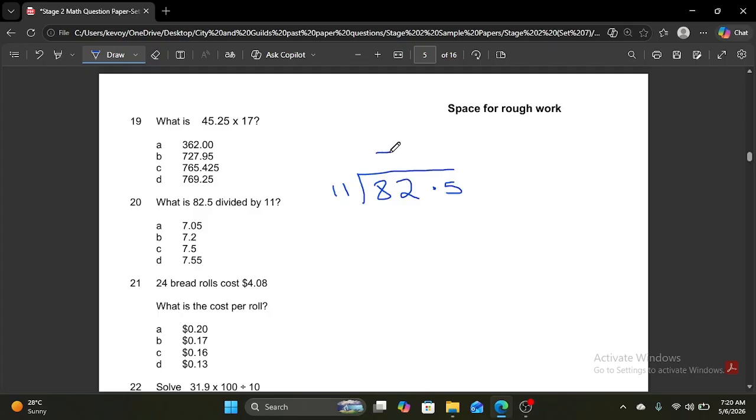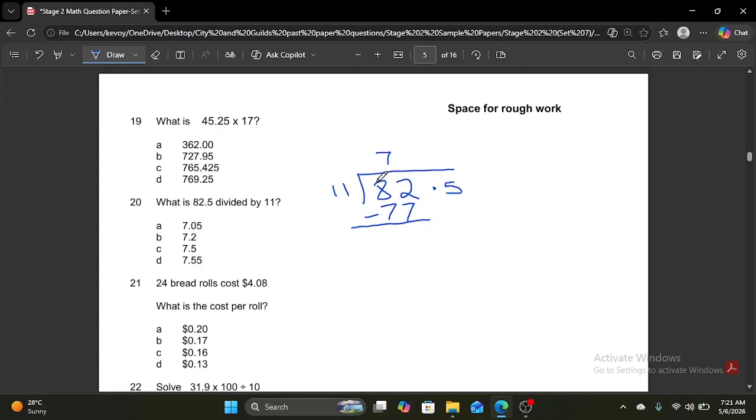That's 7 times. After you divide, you multiply. You multiply what you have at the top with what you divided by. So 7 times 11, that's 77. After you multiply, you subtract.